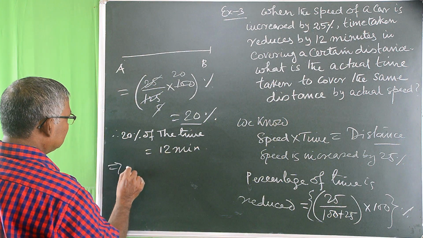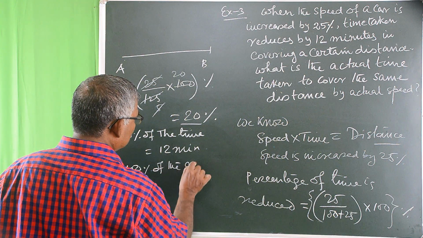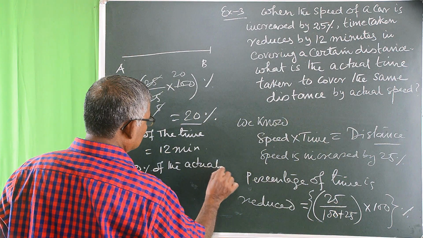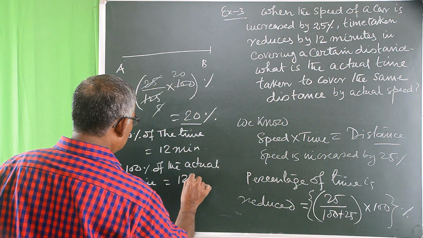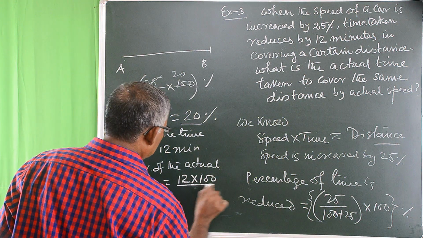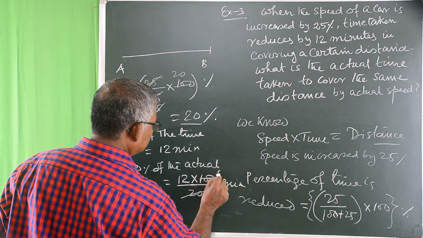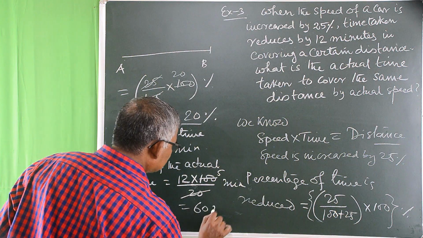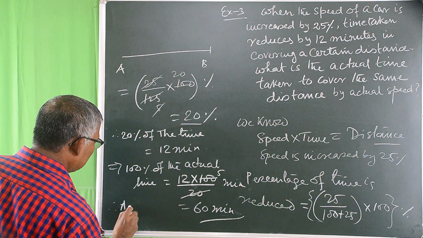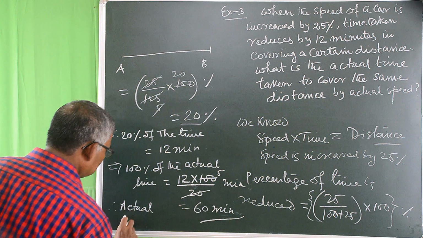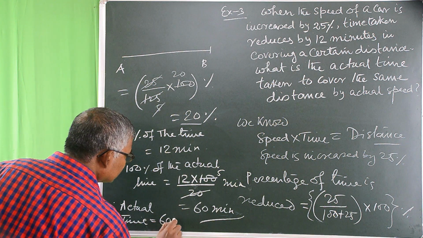This implies that 100% of the actual time equal to 12 into 100 by 20 minutes, that is 60 minutes. Therefore, actual time equal to 60 minutes.